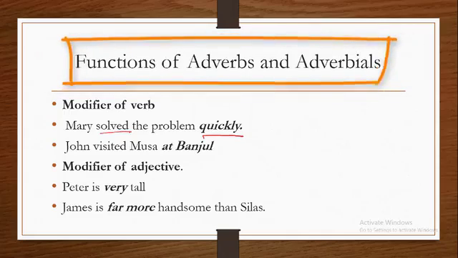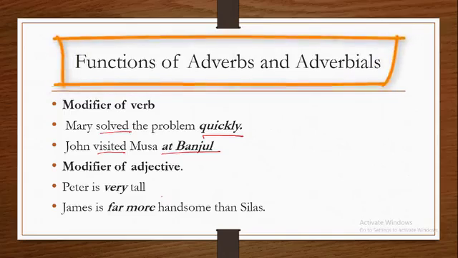Okay. John visited Musa at Banjul. At Banjul here is modifying what? The verb visited. It tells us where John visited Musa. At Banjul. Then we also have modifying what? Adjectives. Tall is an adjective. Okay, tall is what?